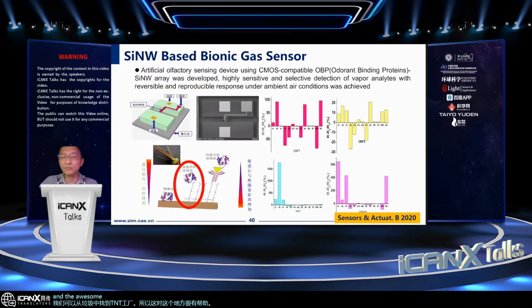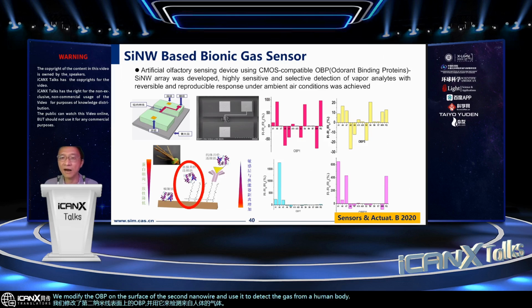And also we use this silicon combined with some biomaterials. This time we use the OBP protein, and it's from the mosquito. And we modified the OBP on the surface of the silicon nanowire and use it to detect the gas from human beings.